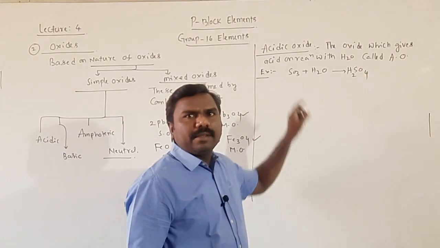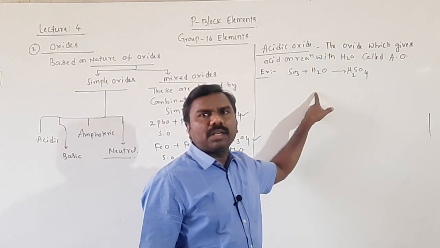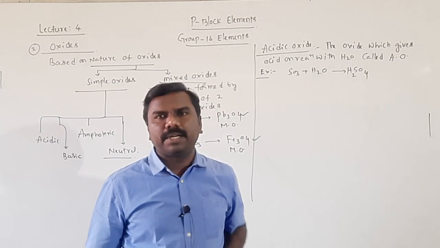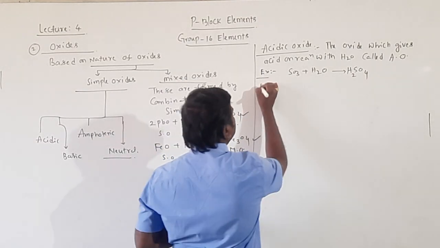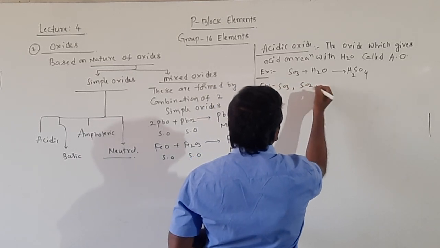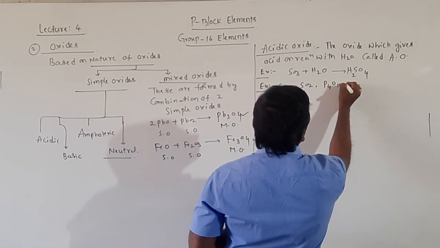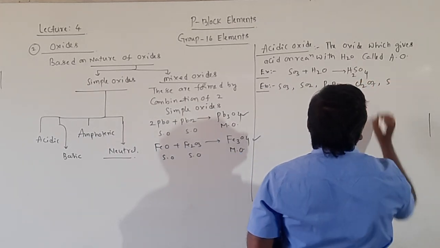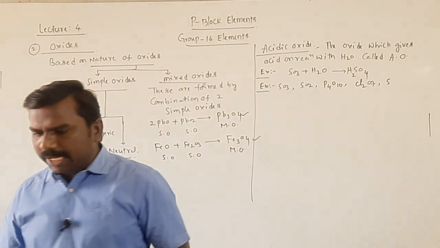SO3 on reaction with water gives sulfuric acid, hence SO3 is acidic oxide. Many examples you can take: SO3, SO2, P4O10, Cl2O7.